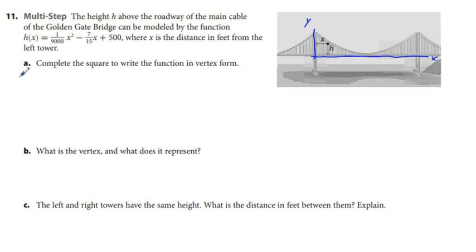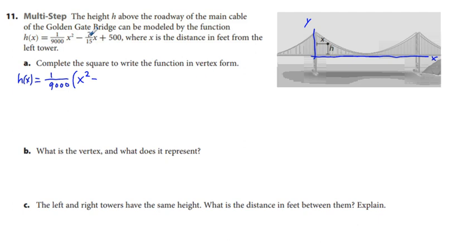Well, we're going to do similar to what we did in problems 7 and 9. We'll write h of x, and we're going to factor this 1/9000th away from the x squared. So now we put in parentheses x squared. Now we have minus, we factor out the 1/9000th from this 7/15th x.